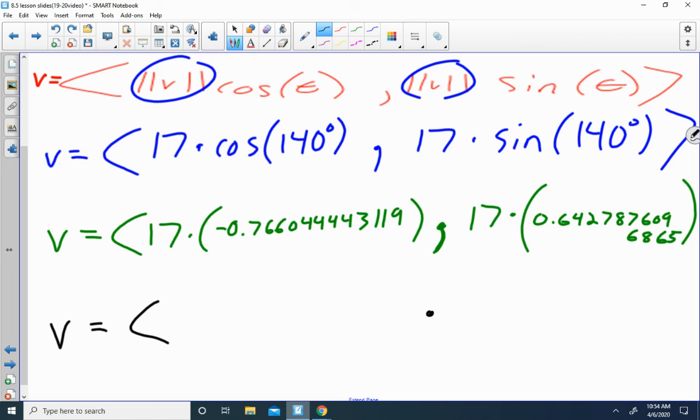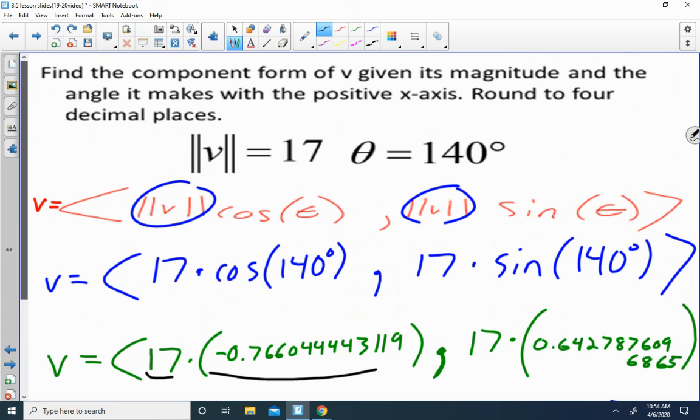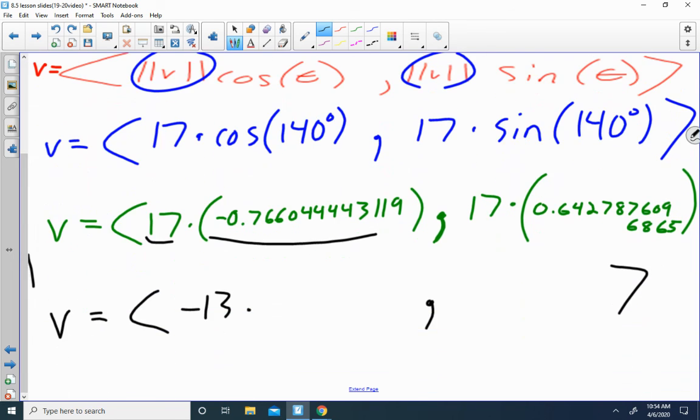But never fear, once we multiply those numbers by 17, we will then be able to round. So now we're going to do 17 times this decimal. Take that huge decimal, times that by 17, and whatever that answer is, now you can round it. We should look at how many decimals we can round to. Round to 4 decimal places.